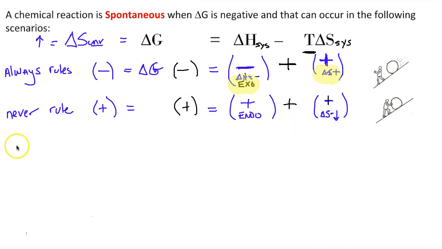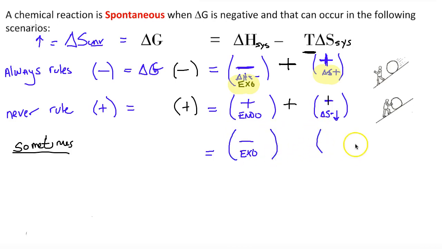All right, now we have the sometimes rule. Sometimes, and there's two of them. So let's go through that. Here's a scenario where we're going to be exothermic again. The delta H is going to be negative. Energy is being released into the environment. That's a good, favorable thing.